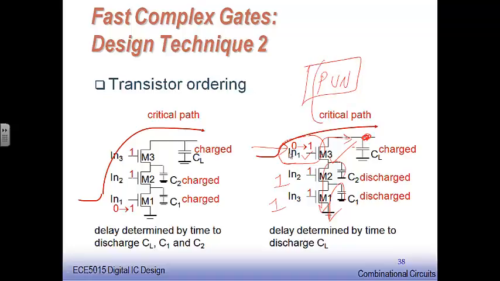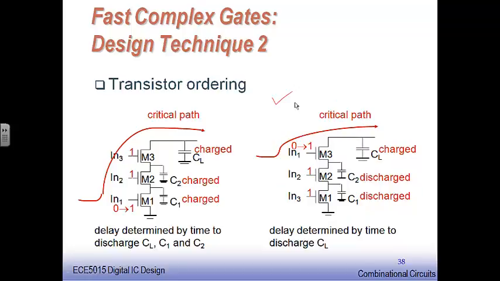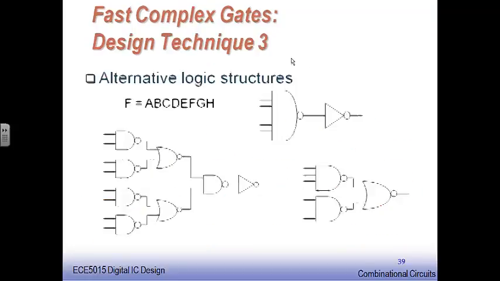Through this pull-up, if this was 0 before, I would have been charging only this, and I would not have charged C2 and C1 because this device is off. There is no path for that to flow. And once again, when this goes up from 0 to 1, this M3 device, I would be discharging only the CL term because I would have already had C2 and C1 discharged completely. So this is going to, in effect, make the rise time and fall time faster. So the transistor ordering is a very good technique.